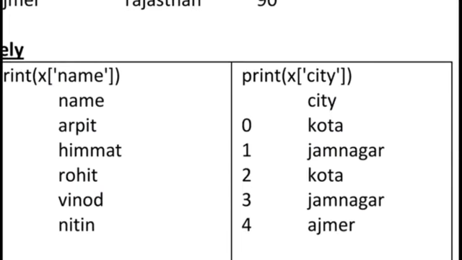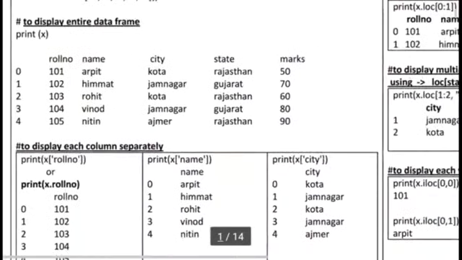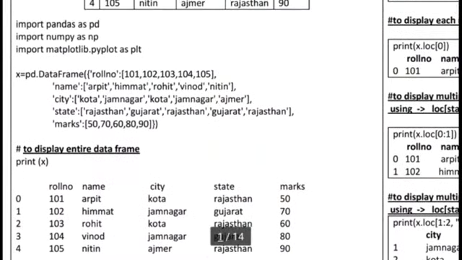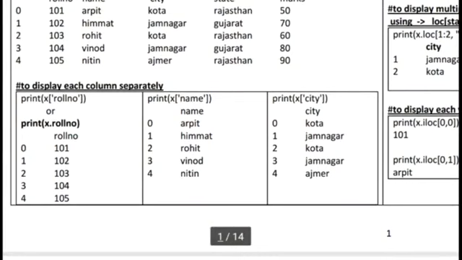The whole city column will display, and we can also write x dot city. The same values we can see. So here you can see we can create our 2D table, we can display this table, and we can also display a specific column using different styles. We can use the dot style, or we can use the square bracket style.